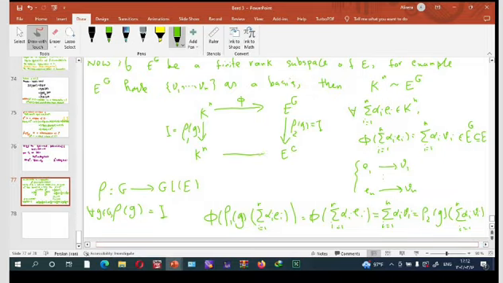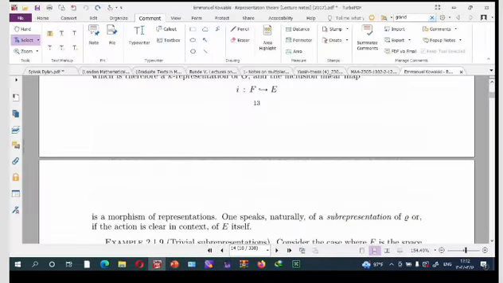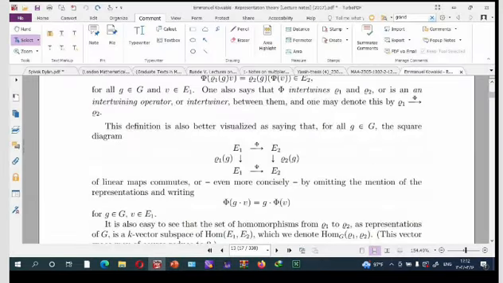So this diagram is commutative, and we have these equalities, okay?